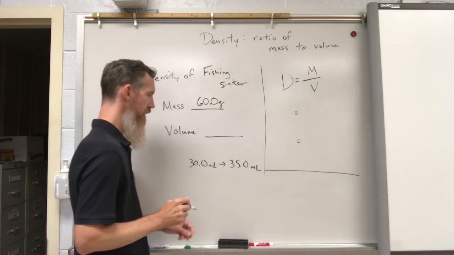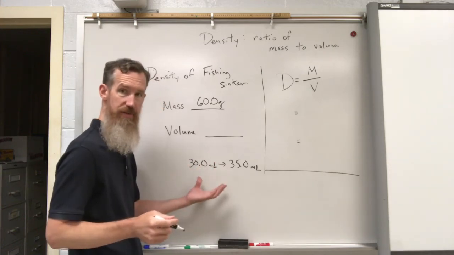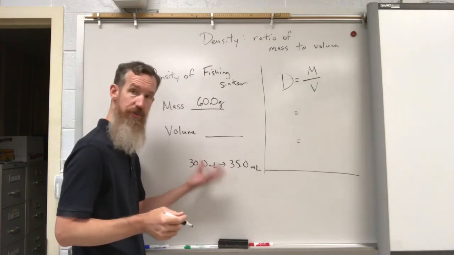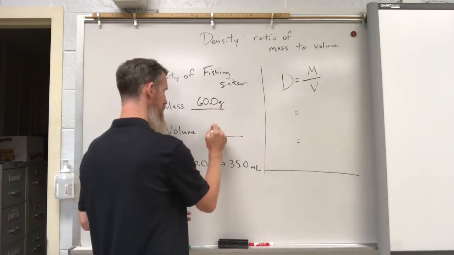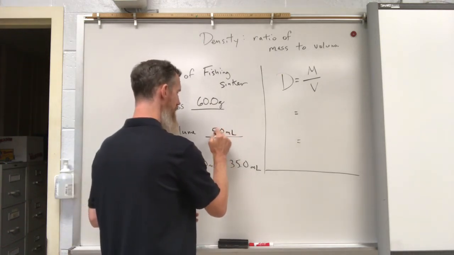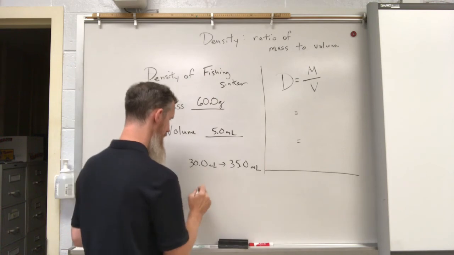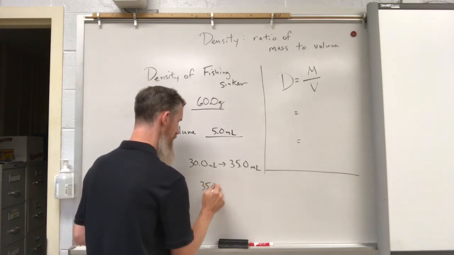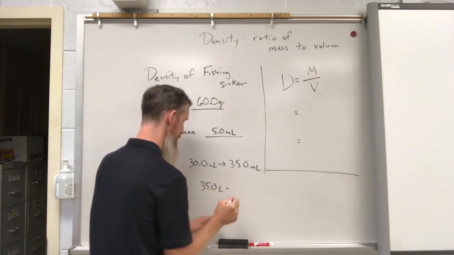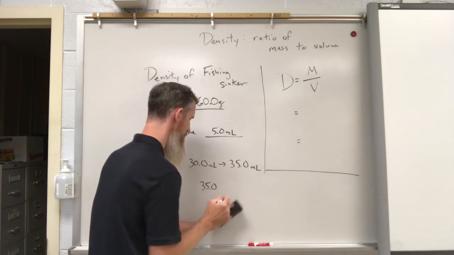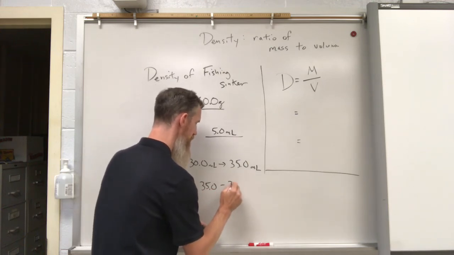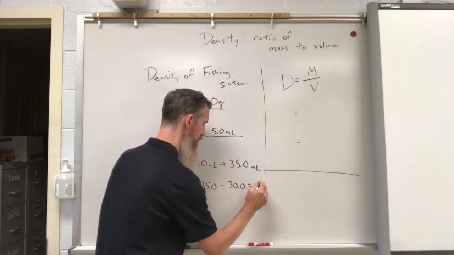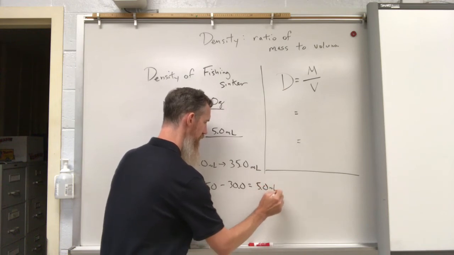Well, what's the difference? I rose 5 milliliters. Mathematically, you would write that out as 35.0 milliliters minus 30.0 milliliters. That would be your 5.0 milliliters.